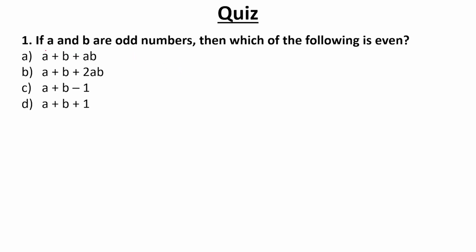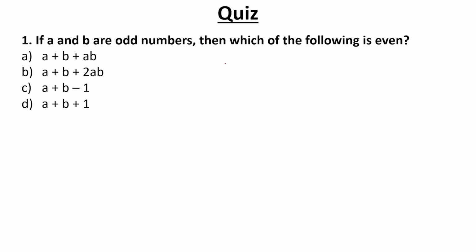If A and B are odd numbers, then which of the following is even? Here it is saying A and B are odd numbers. Then which of the following is even? First, we need to find which is even. That means the combination of this arithmetic equation must give us an even number.